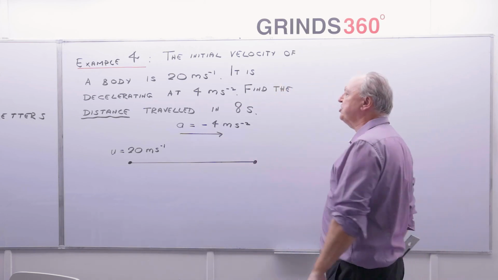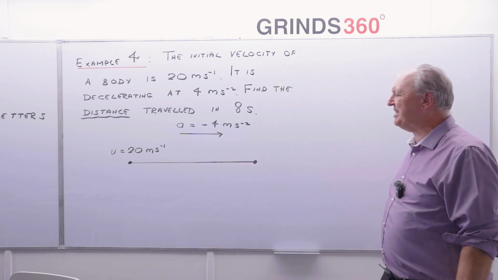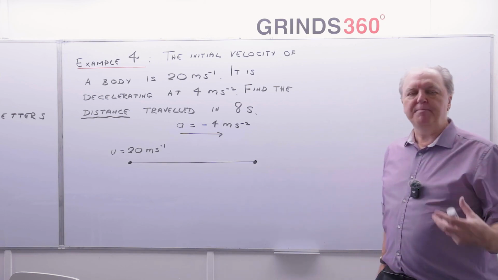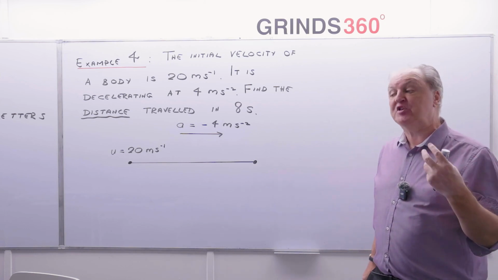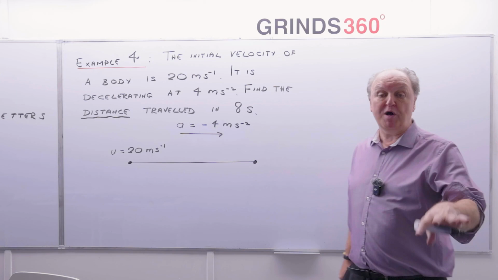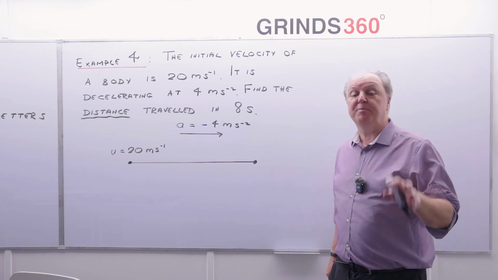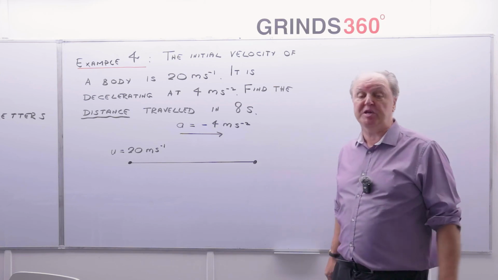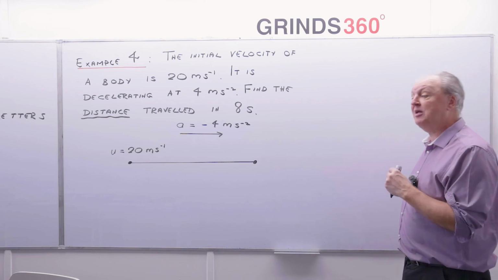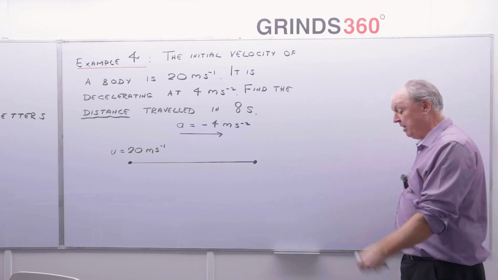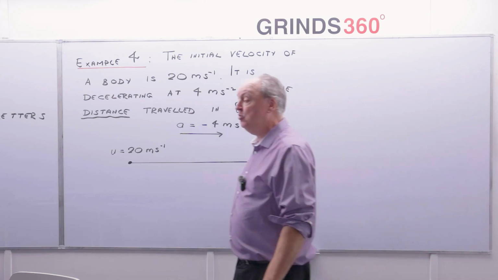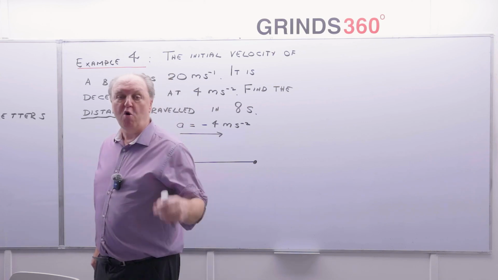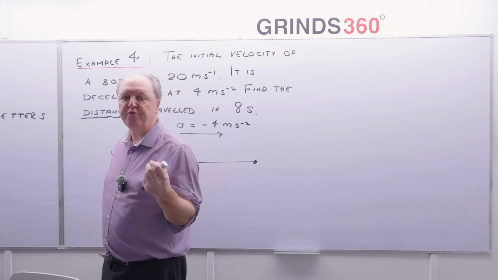Now this is tricky. They're asking me for the distance, but in my formulae, S stands for displacement. Now remember what displacement is. Displacement is my distance from my starting position. So I said it in the previous class. If I stand here and I walk, say, 1, 2, 3 meters, I've walked a distance of 3 meters.